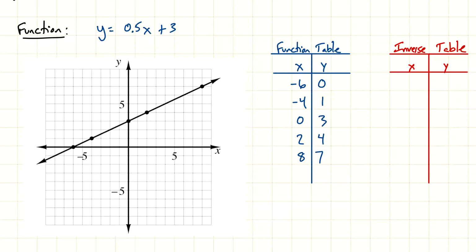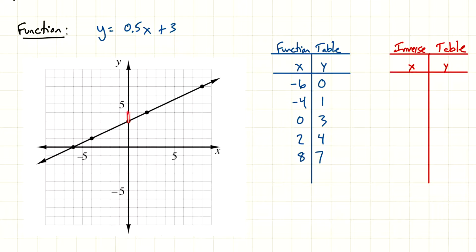All right, so starting with this function, we have a linear function, y equals 0.5x plus 3. In this case, the graph's already given to us. You'll notice a few key things. Plus 3 means it has a y-intercept of 3. 0.5 is the slope, which is the same as 1 over 2.